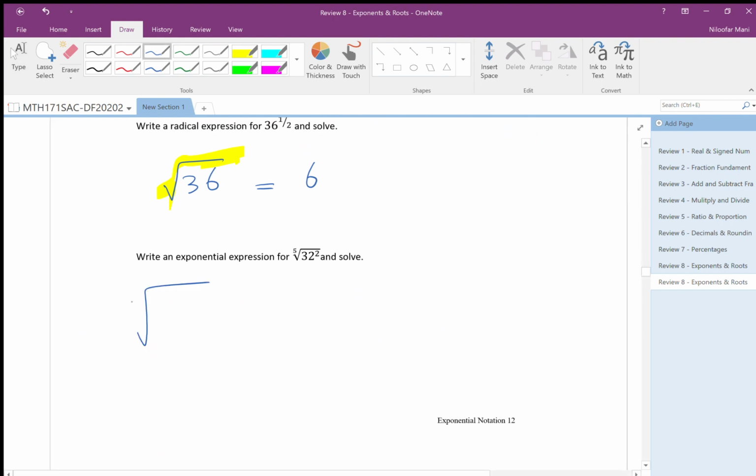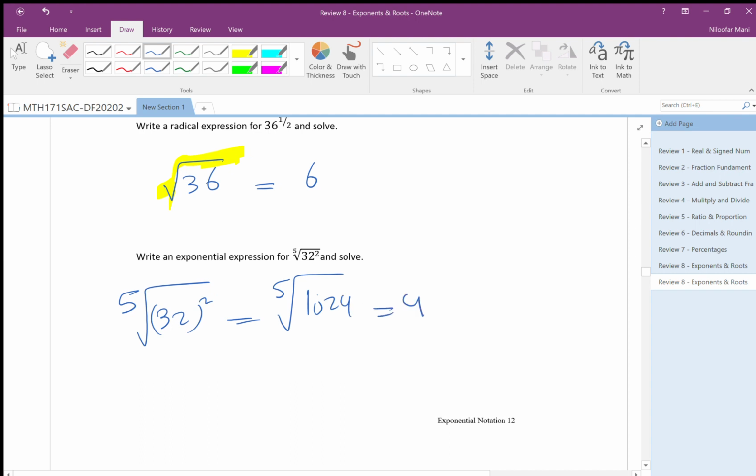So how about here? 5th root of 32 squared, which is 5th root of 4... What did I do here?